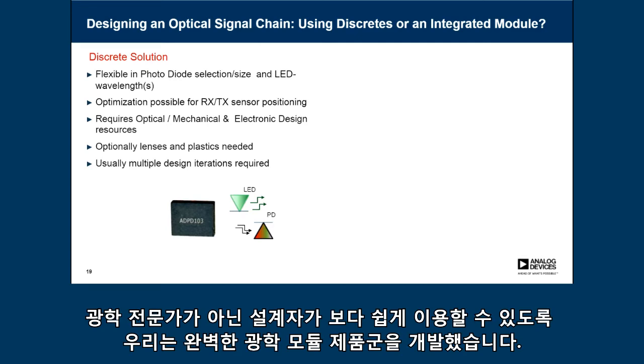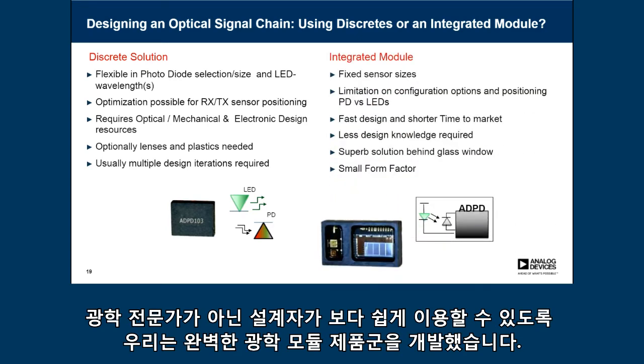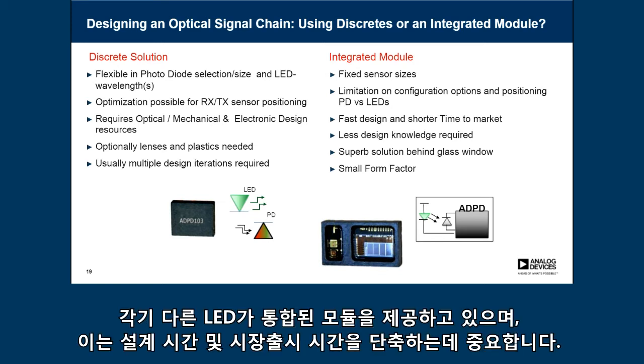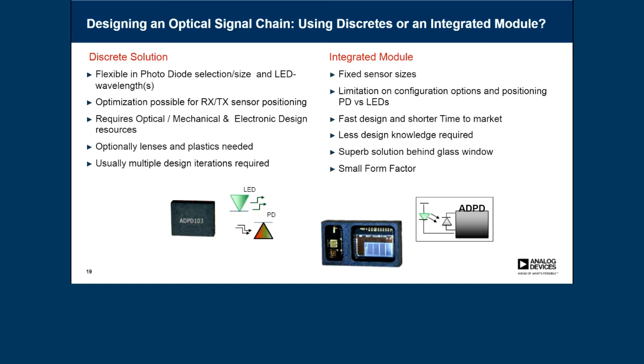So to make life easier for designers who are not optical experts, we developed a complete family of optical modules. The modules that we have available have different LEDs integrated. It helps you speed up your design, and time to market is important. The module can also do a good job for you.